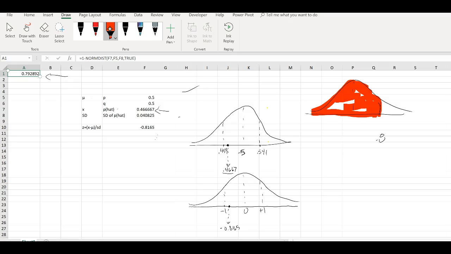In other words, this is 80% of the entire area under the normal distribution. And of course, this is going to be 20%. So that norm distribution gives you all of the area under the curve starting from the left and moving to the right.